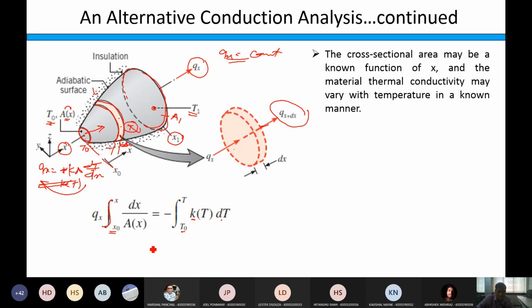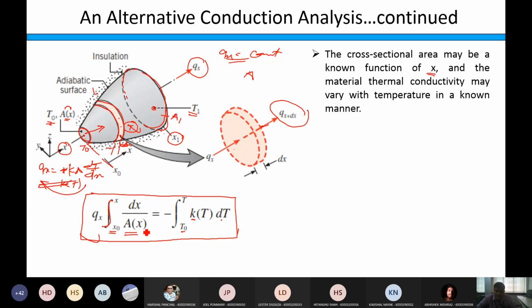Now, have you understood this formula? Then we'll go ahead. So why are we writing it like this? We are taking any random ring at distance x. Now the cross-section area A may be a function of x.